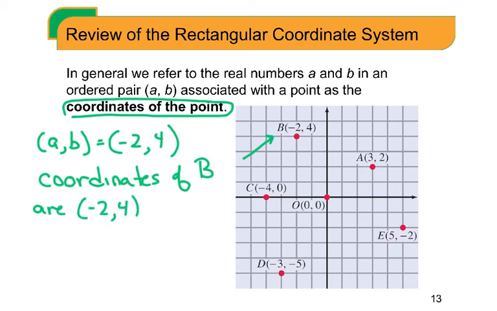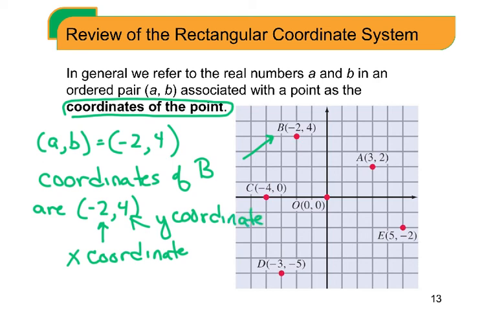That's just vocabulary. This is called the x coordinate. What is 4? This is the y coordinate. Just gives us a way to talk to each other precisely.